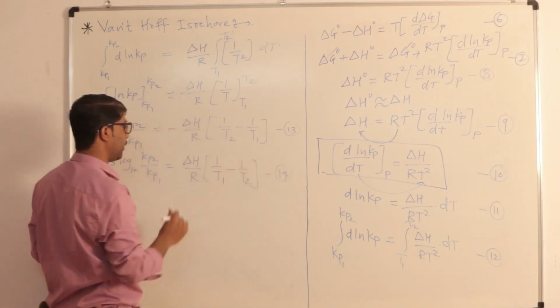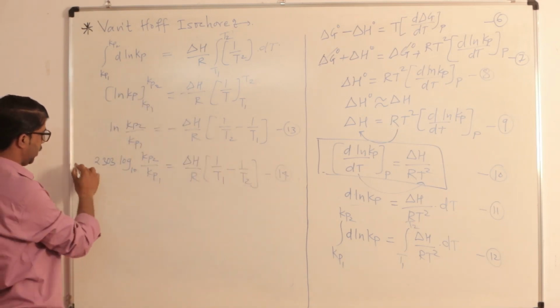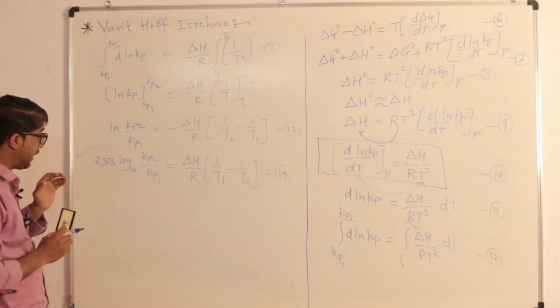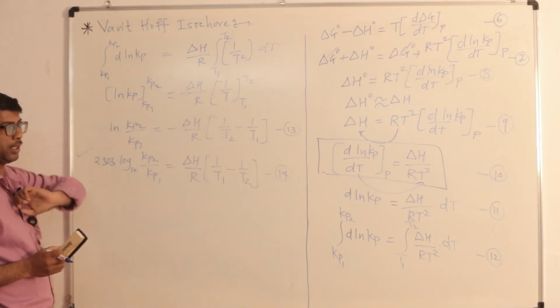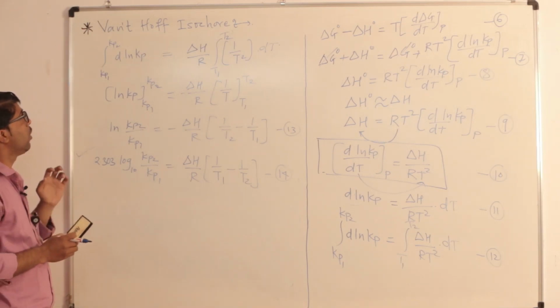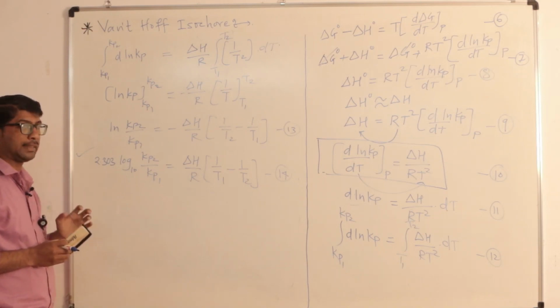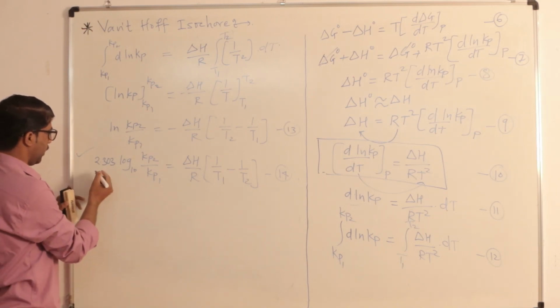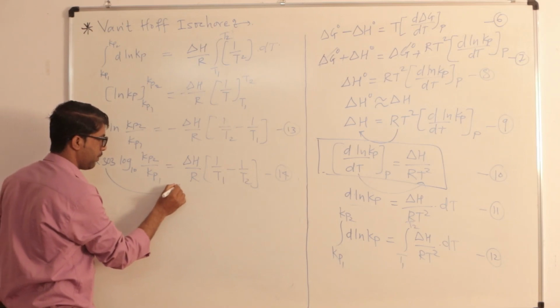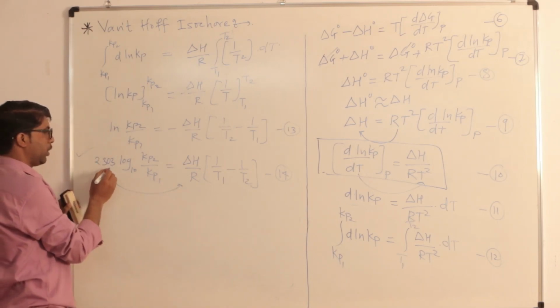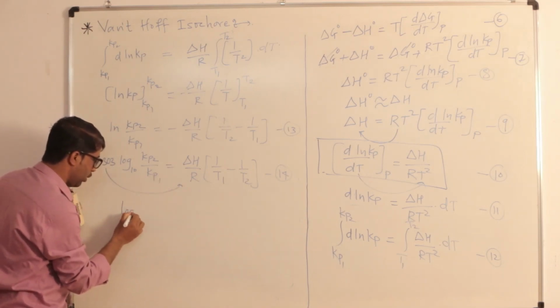Let's say it is equation number 14. So this is also one of the integrated forms of this van't Hoff isochore. This is also called the van't Hoff reaction isochore.